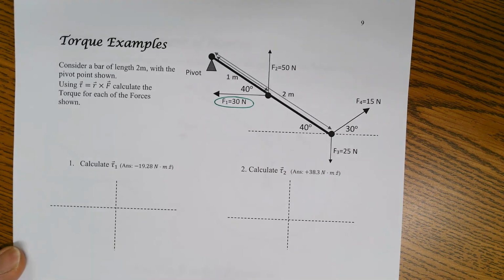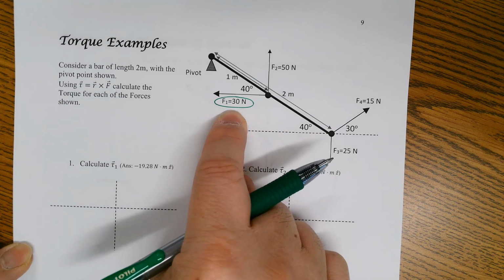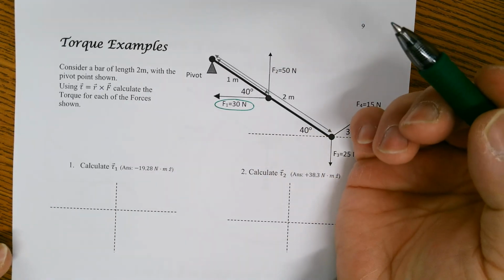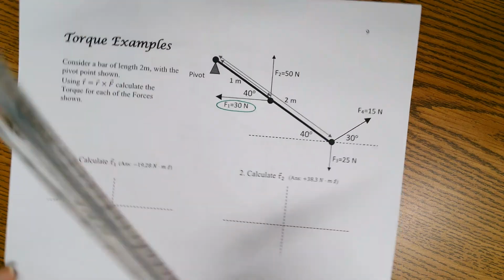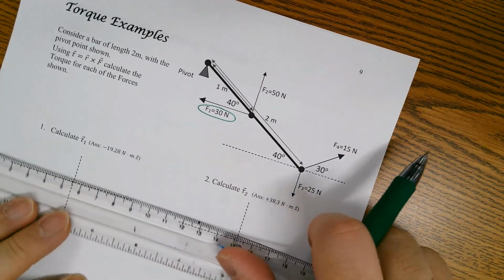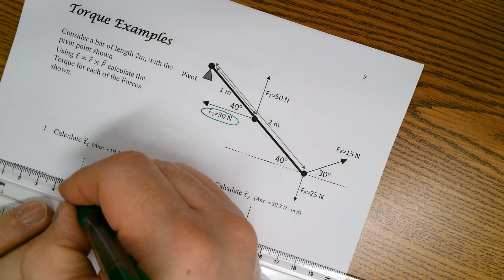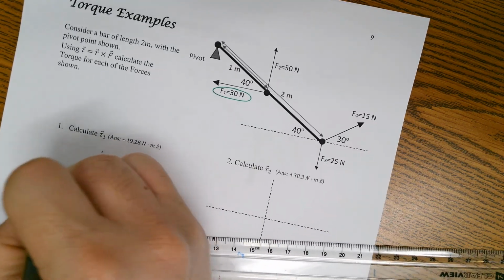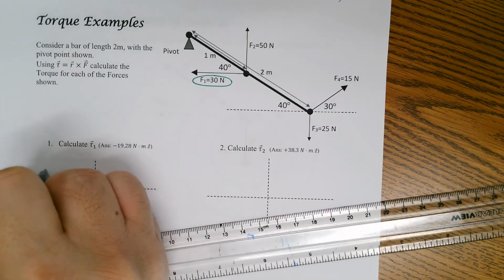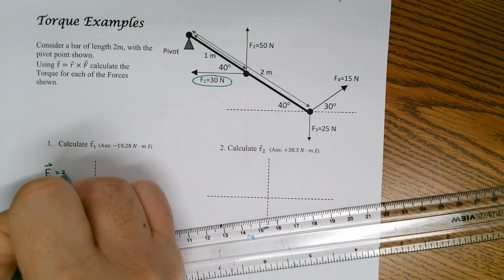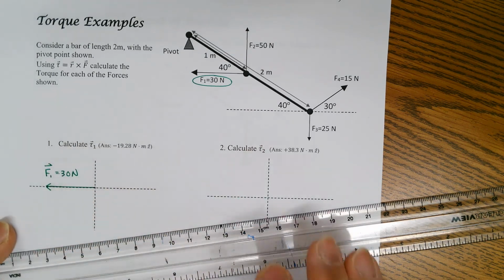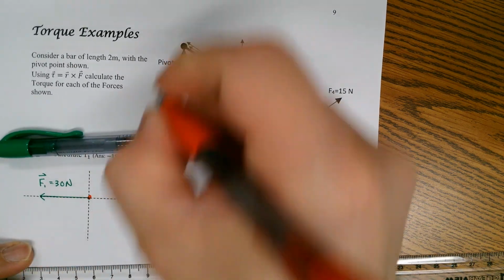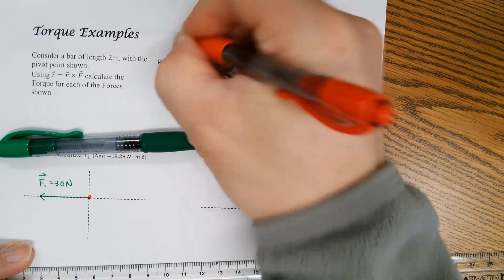All right, so here, my force 1 is 30 newtons, and it is in the left direction, which is negative x direction. So again, you don't have to draw everything out to scale, but at least draw the angles somewhat to scale. So here's my F1, 30 newtons in that direction. Now, the common pivot point is right here. This is the PP, the pivot point.